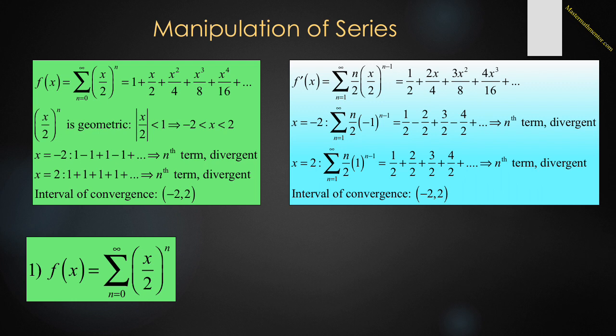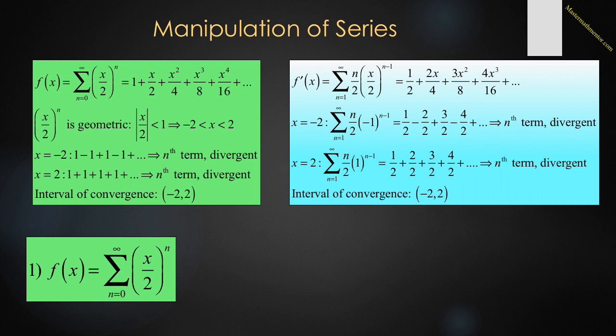When x is equal to negative 2, our series is summation n equals 1 to infinity of n over 2 times negative 1 raised to the n minus 1. And when expanded, this is 1/2 minus 2 over 2 plus 3 over 2 minus 4 over 2, and this fails the nth term test and therefore is divergent. The same is true when x is equal to 2.